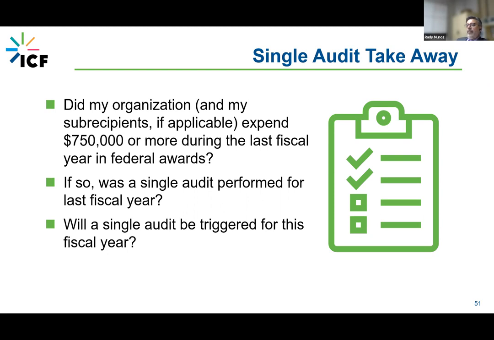And so if the response is yes, then was a single audit performed for the last fiscal year? Also, you'd want to ask yourself, will a single audit be triggered for this fiscal year so that you can start preparing for that?